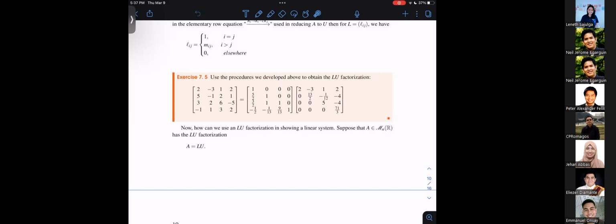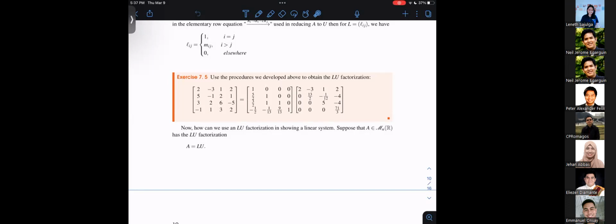So the number of operations grows almost proportional to n cubed. The correct term is asymptotically proportional to n cubed, where n is the number of rows or columns, right? It is still expensive, but that's the most efficient that we get, right? And again, the problem we're solving here is computing large systems, or solving large systems repetitively or iteratively, right?